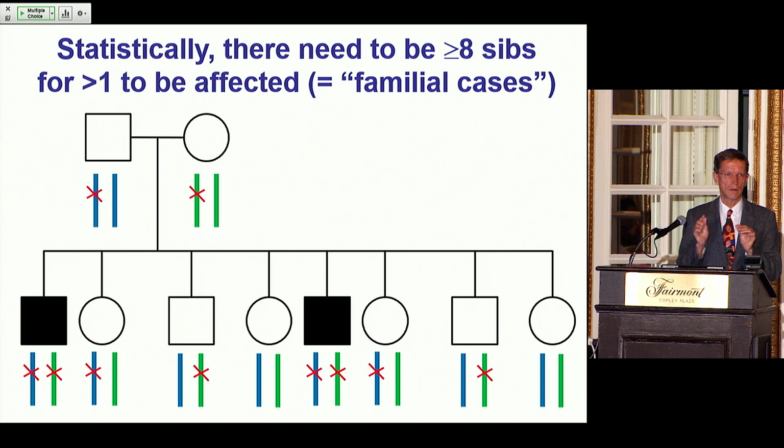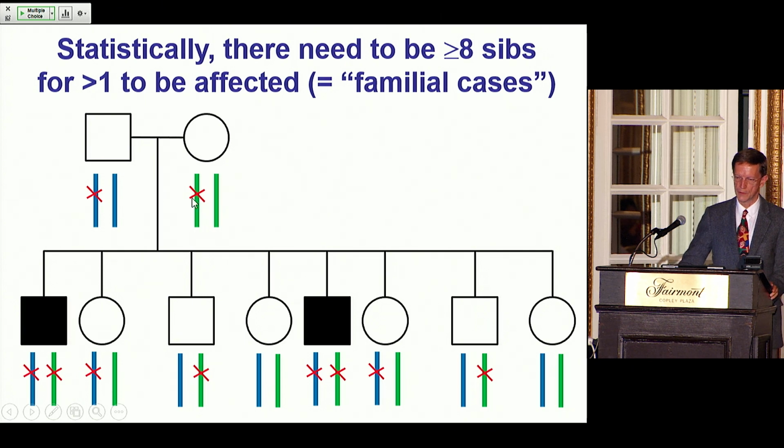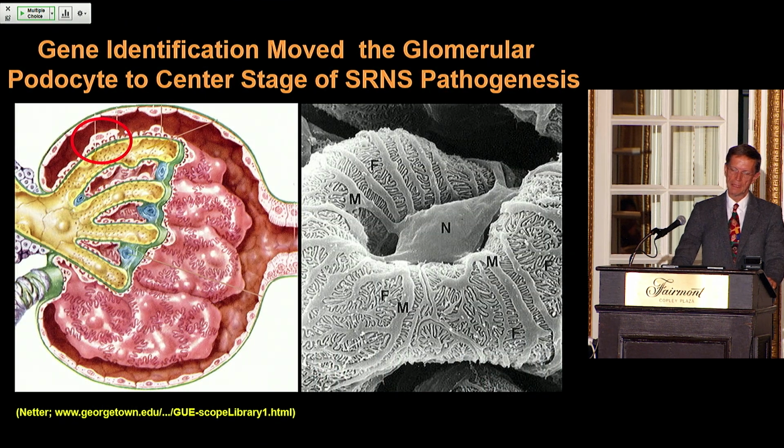If you take the history in all 10 families, family history is completely negative. That doesn't preclude at all that in 12%, maybe one of these patients, you can find the causative mutation, because parents will be healthy in recessive disease genes and every ancestor will be healthy because at worst, they're heterozygous. So monogenic diseases, if they're recessive, can occur sporadically, and it does not exclude at all that there could be a monogenic cause. But now let's get back to steroid-resistant nephrotic syndrome and its pathogenesis.